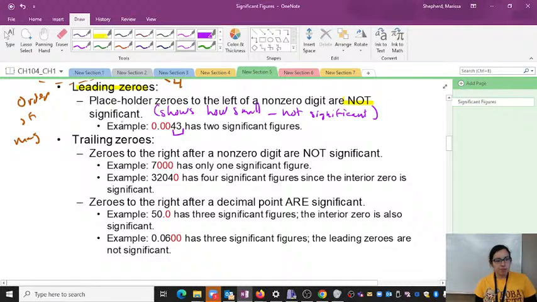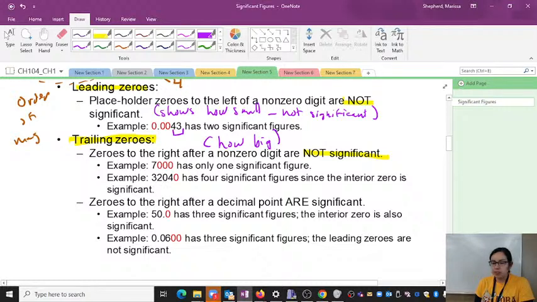Now our other magnitude example is trailing zeros. The rule says zeros to the right after a non-zero digit are not significant. Again, this is showing magnitude, so now this is answering how big. This number 7,000 would only have 1 significant figure, since those 3 zeros are just showing how big. And then this next example, 32,040.